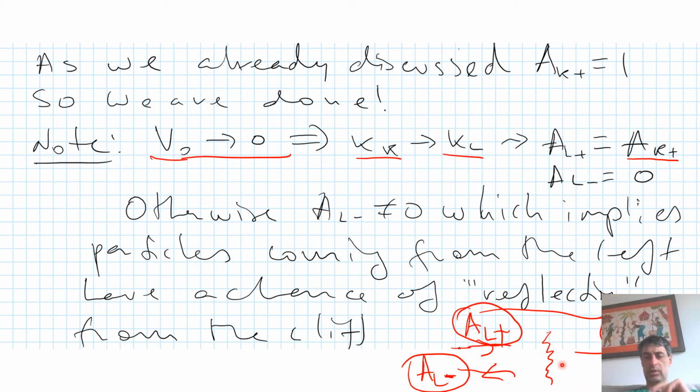The point is that there are 4 coefficients in the wave functions, 2 from the left and 2 from the right, right going, left going. And just like when you do optics, you have to decide on what it is that you're trying to compute.